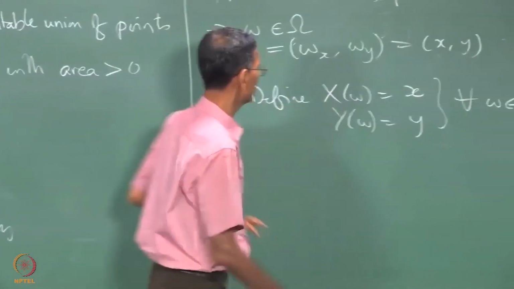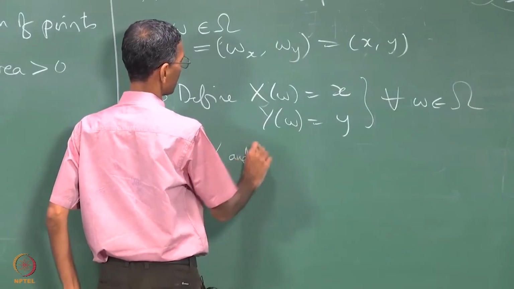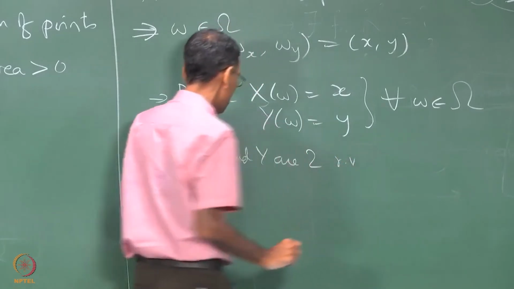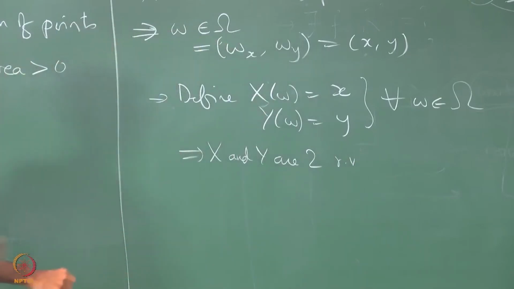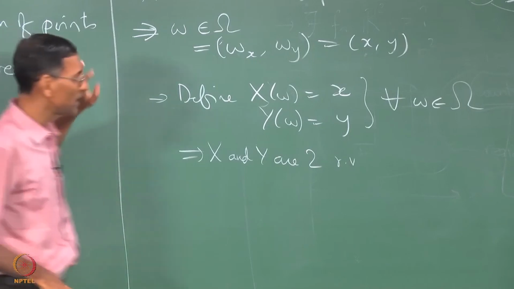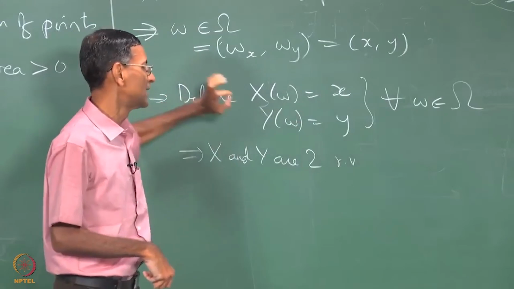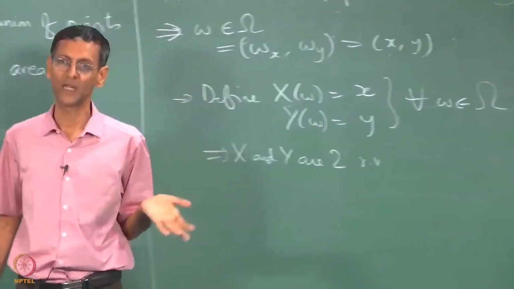So now, are X and Y two random variables or not? Clearly, as we said earlier, now we bring in the region. We are going to assume that every region is going to have a probability. How we are going to calculate that probability will come a little later. But since every region has a probability, intervals on the x axis and intervals on the y axis also have probability. So there is no problem in claiming that X and Y are two random variables.